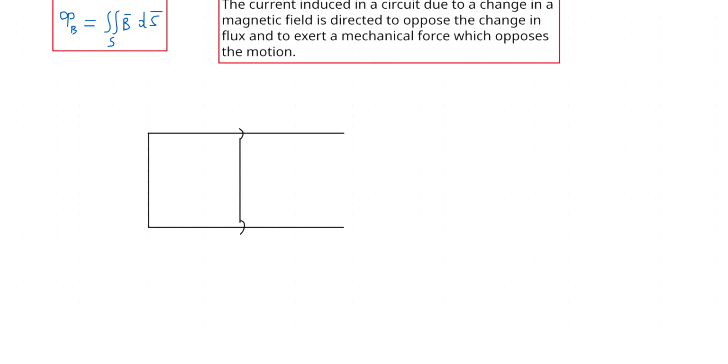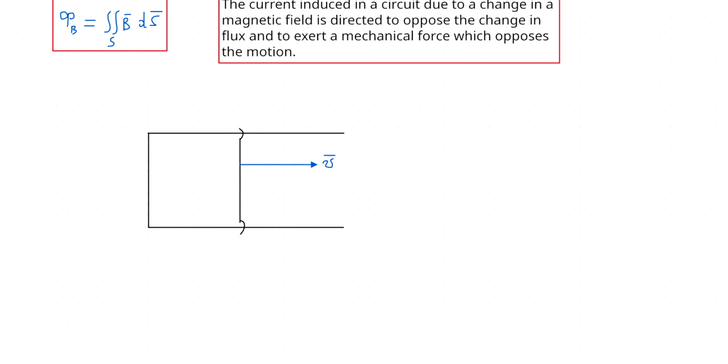Okay, and let's consider the case when this stick moves from left to the right, with the velocity equal v.